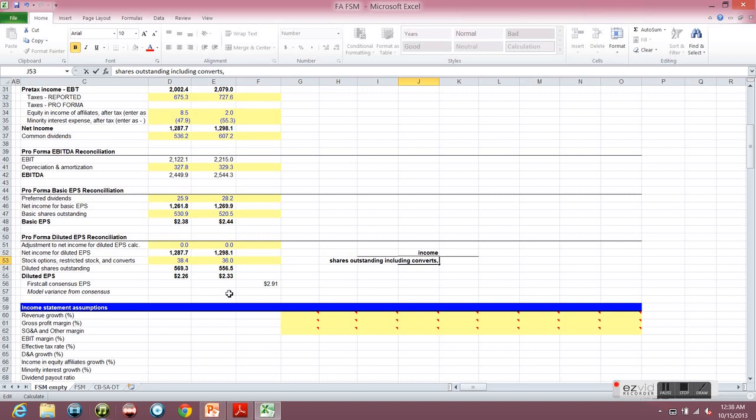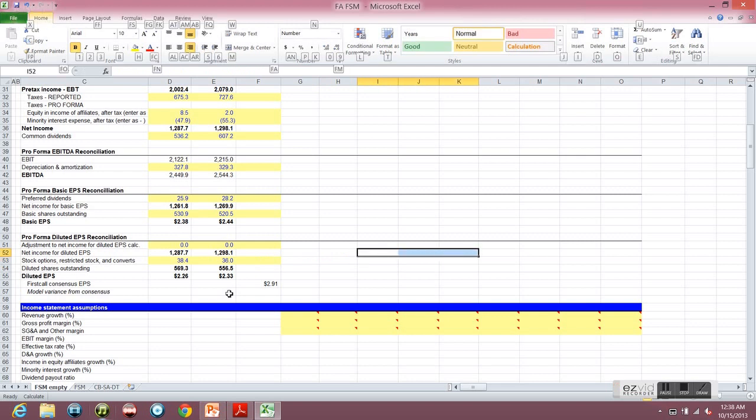We also have restricted stock and stock options, and what happens is basically that the denominator is getting bigger, and overall that brings the value of the fraction lower, which means that it's bringing our overall EPS lower. Okay, I hope you understood that.